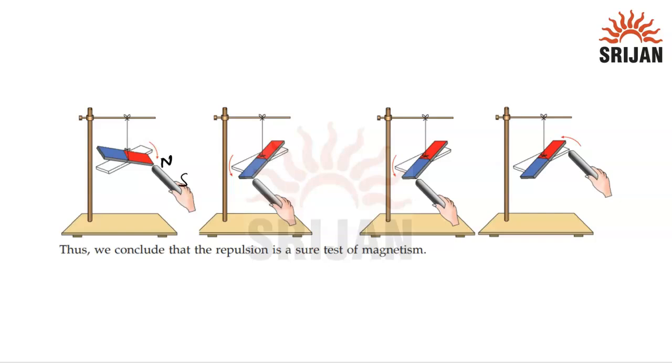Suppose this substance is a magnet, then again here north-south. In this way we are doing north-south here and south-north here. So what is happening here? If they repel in this case, then we can clearly say that it is a magnet. Why? Because repulsion is the sure test of magnetism.